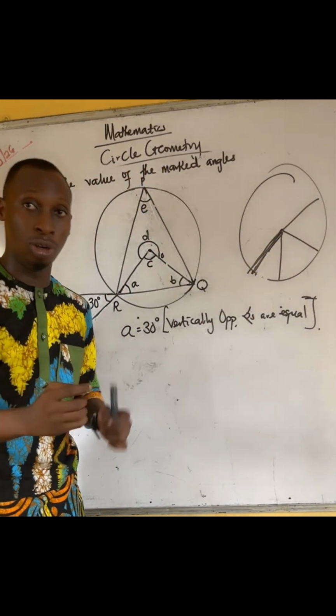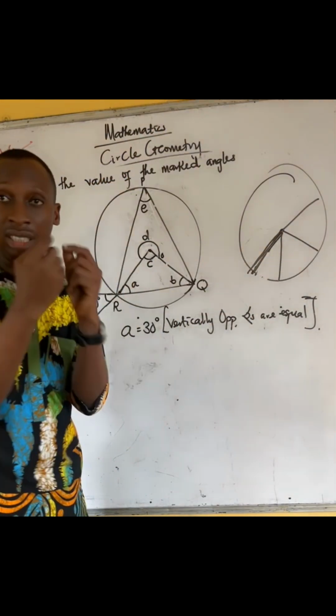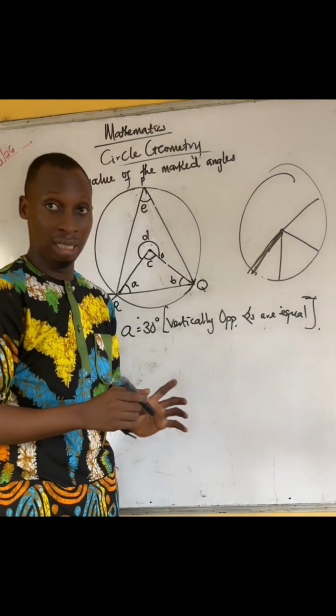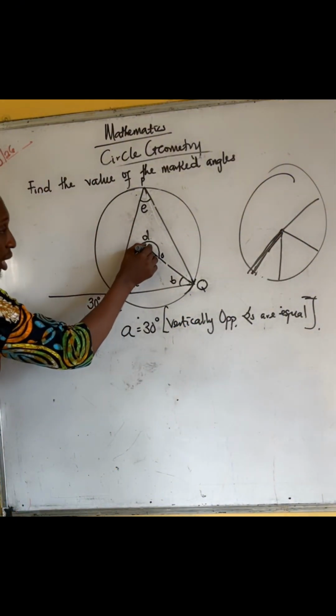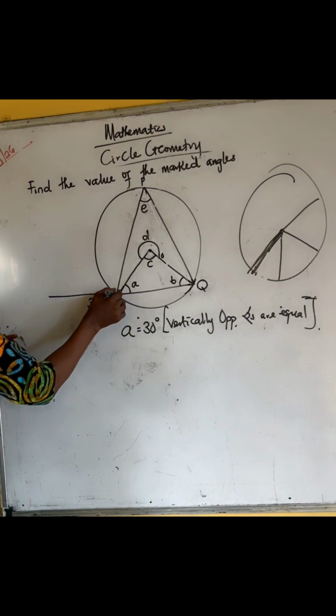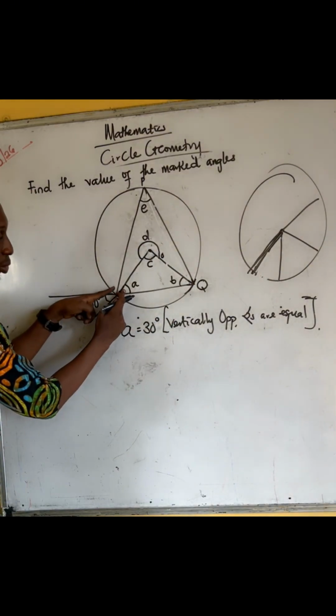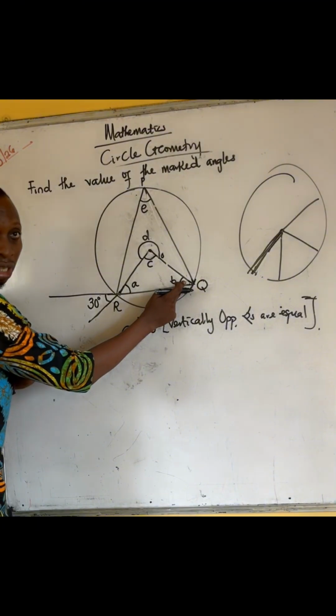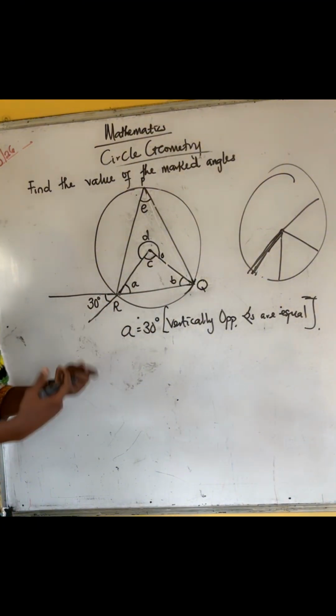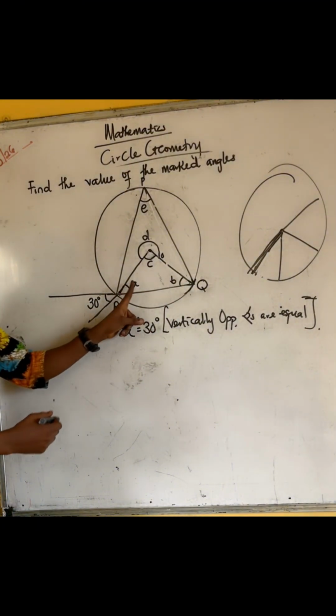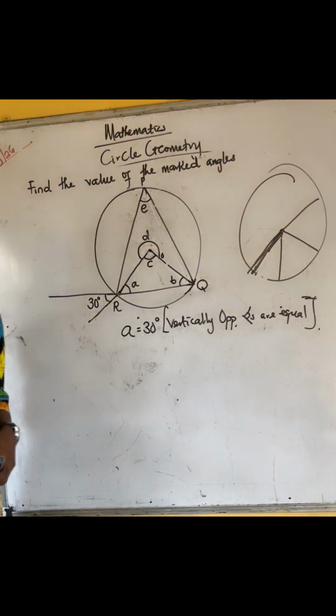A plane figure that is equal in distance to the center. That means I can assume that from here to here is equal to from here to here. That means the angle here is equal to the angle here, because these are radii. You understand? These are the base radii of an isosceles triangle.